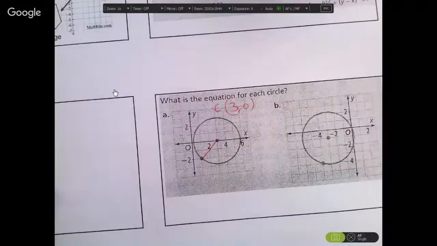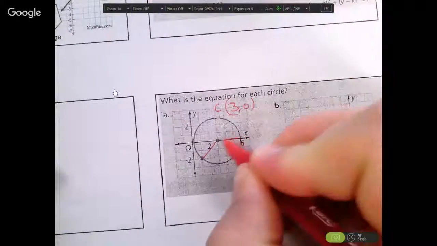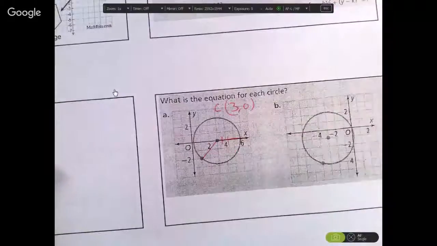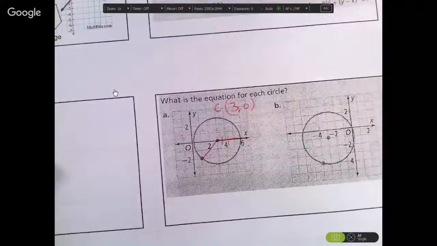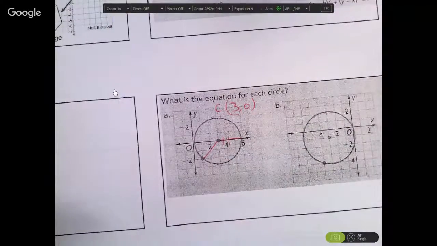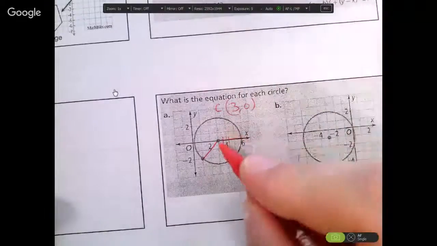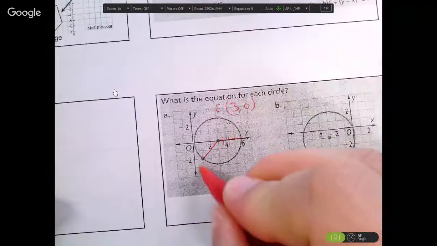We could do the distance formula, but I can just go from here to here and see that it's 1, 2. Oh, it's not quite 3, is it? That's not very nice. Okay, so I guess we do have to do the distance formula. So we need to know this distance right here. The points we're using are the center, and it looks like 1, -2.